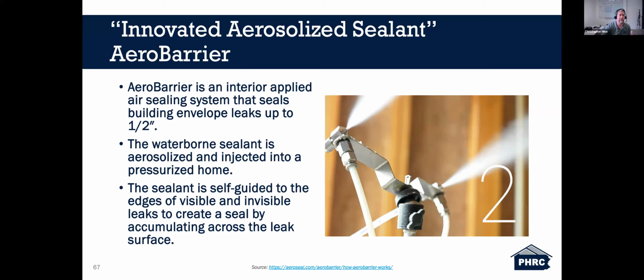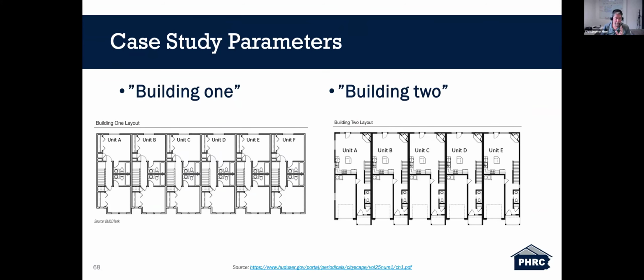During the installation of AeroBarrier, it runs in reverse, where it actually pressurizes the building and pushes this waterborne, aerosolized sealant that's in the air. It helps it find the gaps and cracks, and it collects upon itself and fills up those areas.